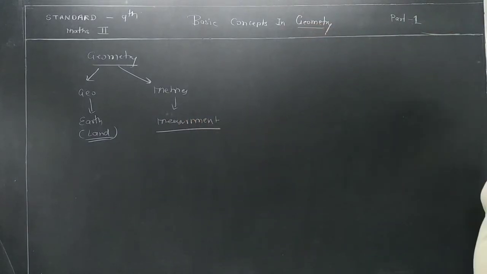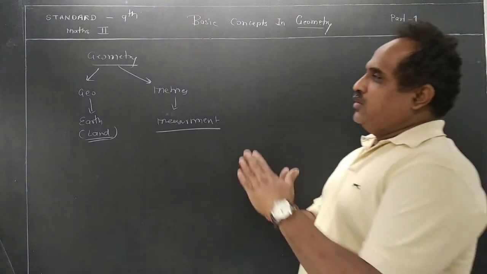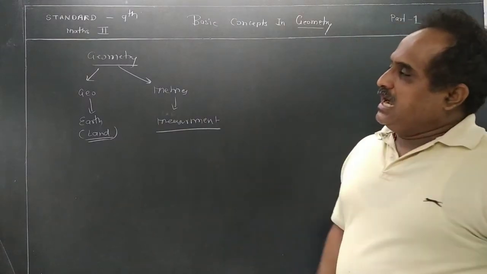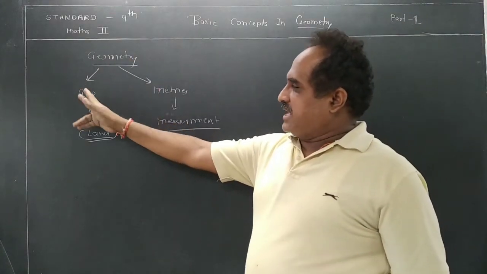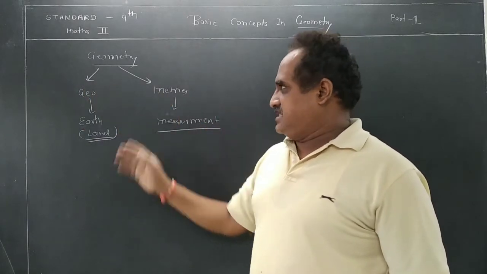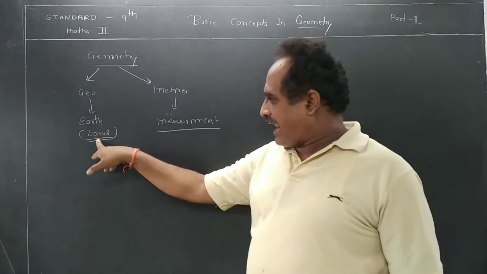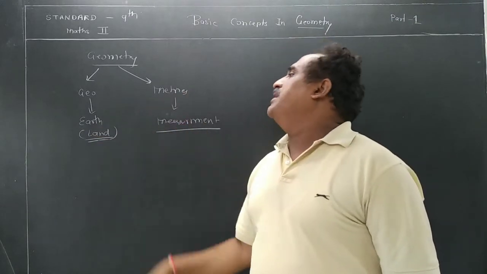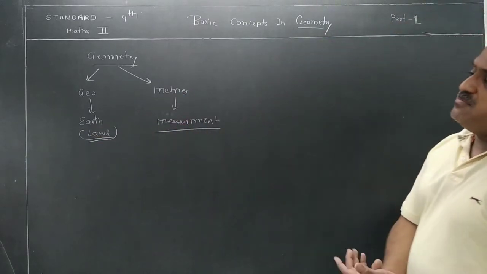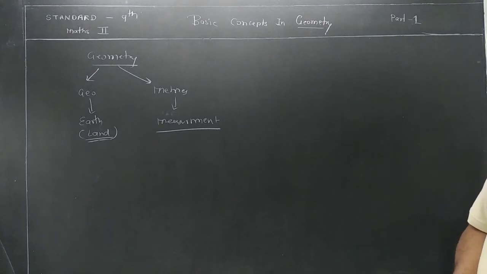See, geometry is divided into two words actually. Geometries, that term into what? Geometry. Geo means earth or land. Metries means measurement. So it is the measurement of earth. It is the starting of that.